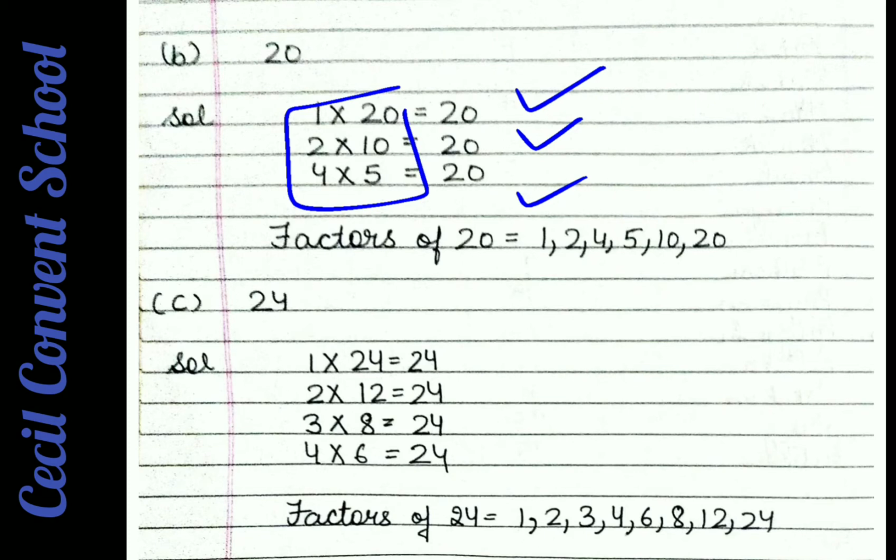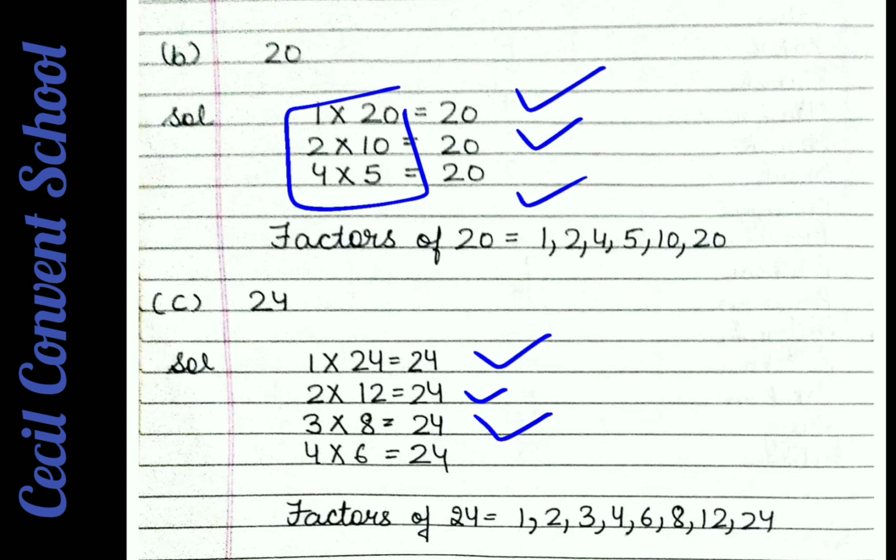Similarly, student, we do the C part. The C part is 24. We start from 1. 1 24s are 24. Then we see whether 24 comes in the 2 table or not. We divide 24 by 2. When you divide it, you get 2 12s are 24. Clear? Then 3 table, 24 comes at 8. So you write 3 8s are 24.